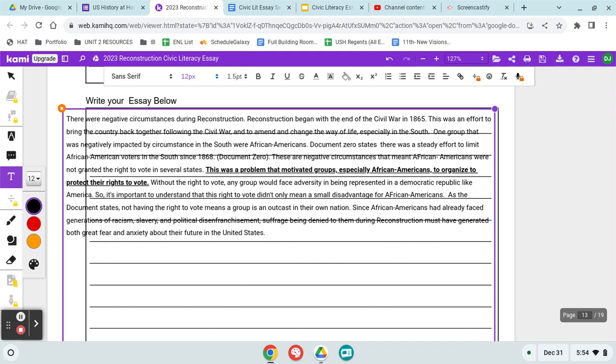I'm even going to use a question, right? If your English teacher was here, would he or she say, how about using a question? Who would want to live in a country where they couldn't vote? How about this? Who would want to permanently live, not a vacation, in a country where they couldn't vote?